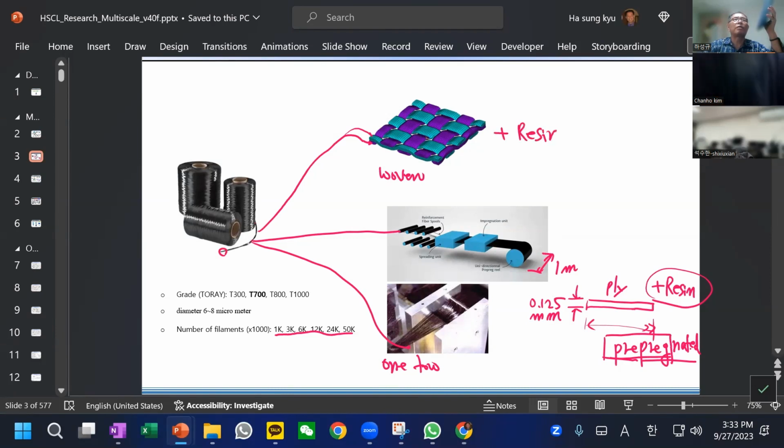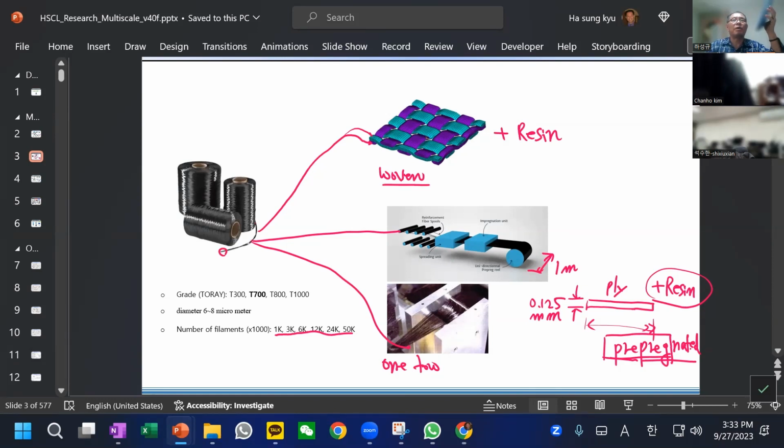How? Well, there could be many different ways to impregnate or insert resin there. So dry carbon fibers, and in some you have a resin there.